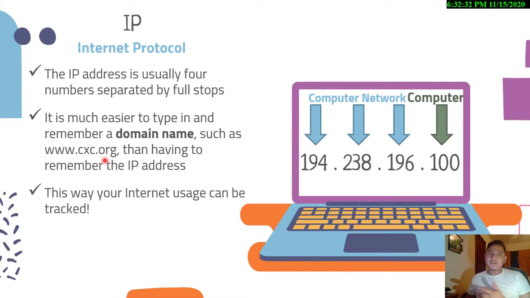It's easier to type in the domain name rather than typing in the specific IP address for those websites. So remember, IP addresses are not only for devices but also for things that we access on the internet, like websites, and each website has its own IP address, but instead of us remembering the IP address, which can be numbers that we will not remember, we use the domain name.